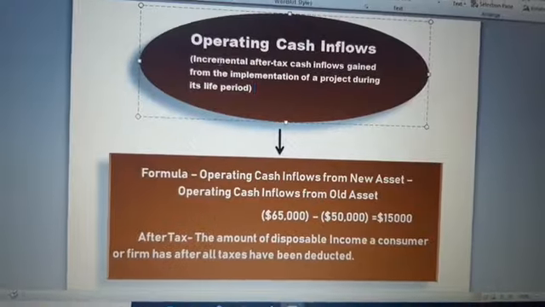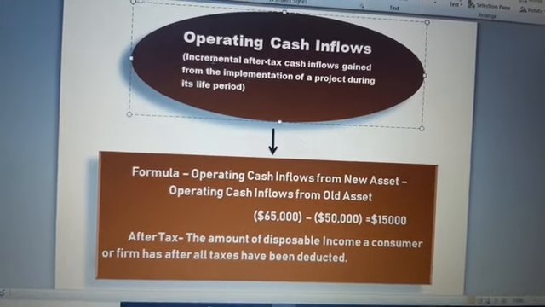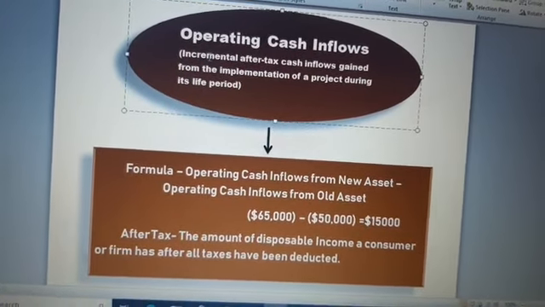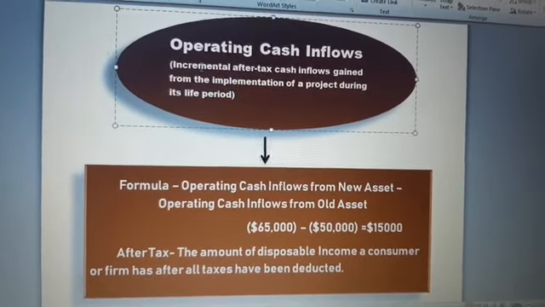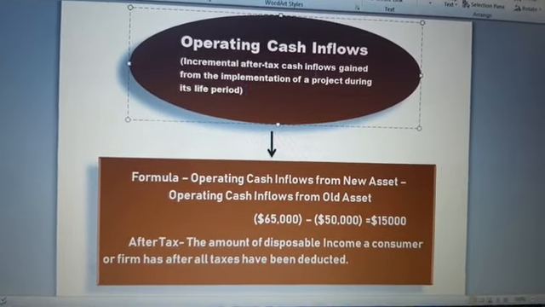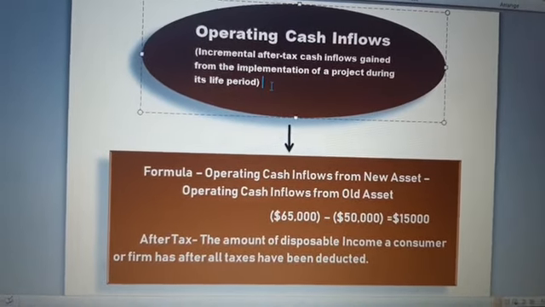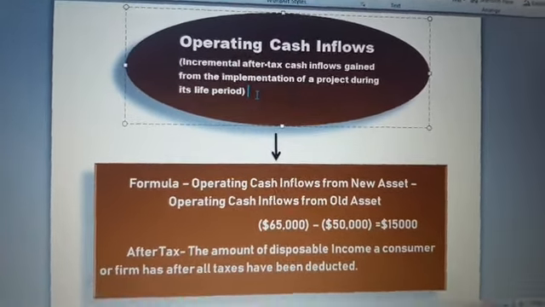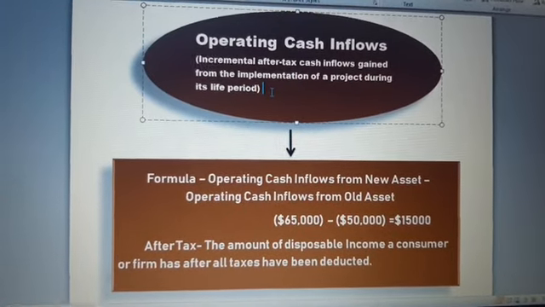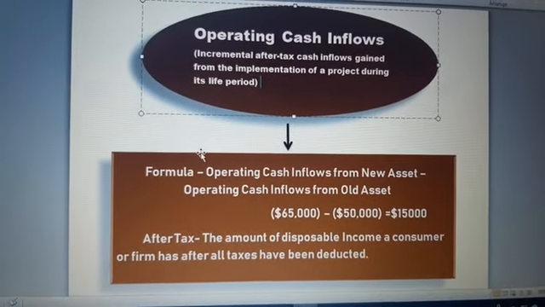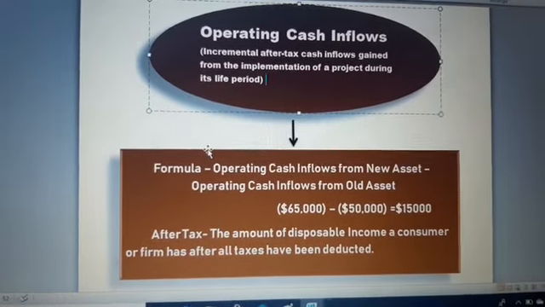Okay. Operating cash inflows. What are operating cash inflows? Operating cash inflows are simply the incremental after-tax cash inflows gained from the implementation of a project during its life period. This is simply money gained from an asset during its life expectancy. What is the formula to calculate operating cash inflows?